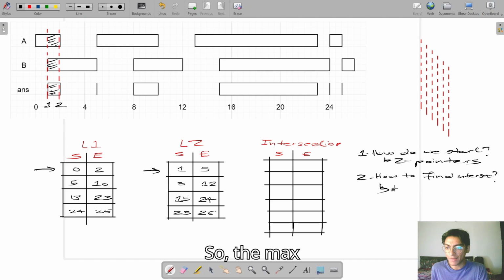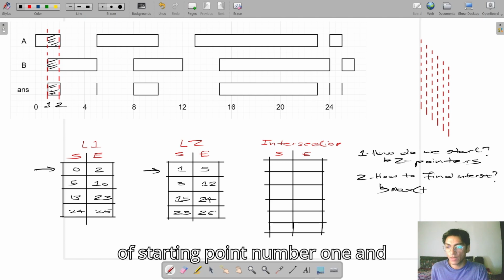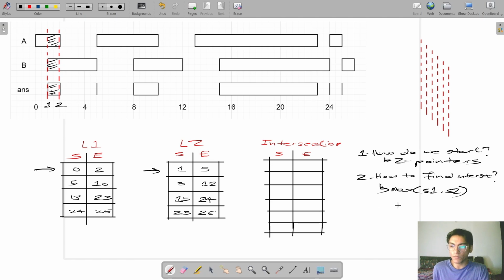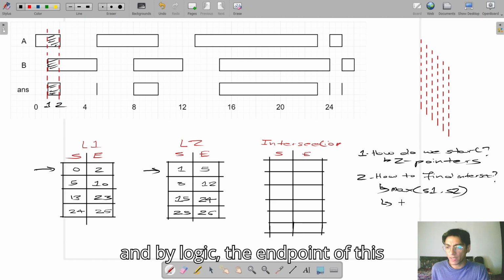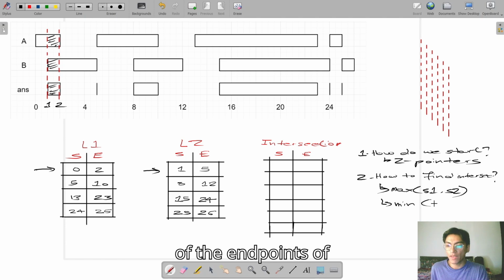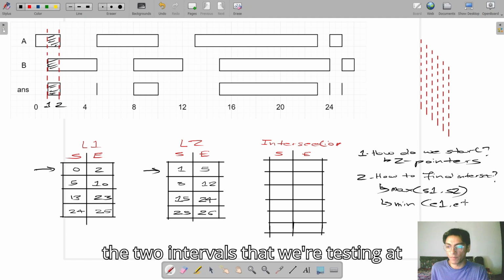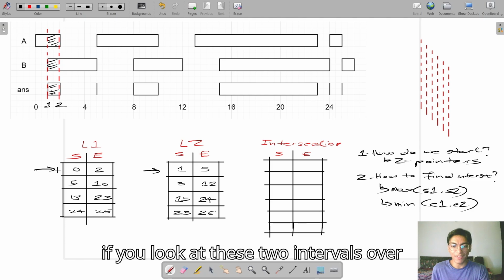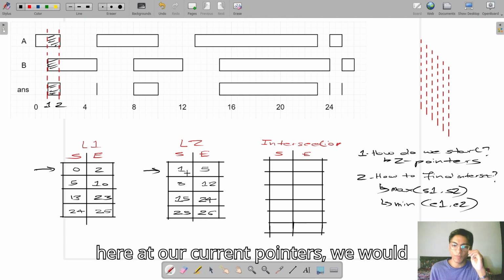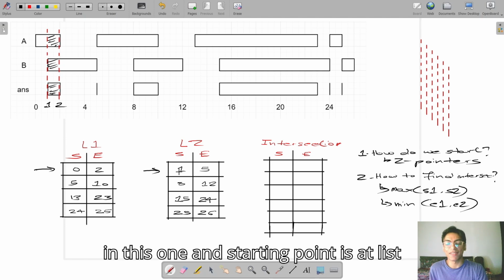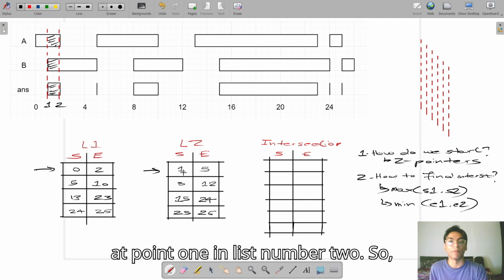So the max of starting point number 1 and starting point number 2, and by implication and by logic, the end point of this interval would be the minimum of the endpoints of the two intervals that we are testing at any given moment. For example, if we look at these two intervals over here at our current pointers, we would see that the starting point is at 0 in list 1 and starting point is at point 1 in list number 2.